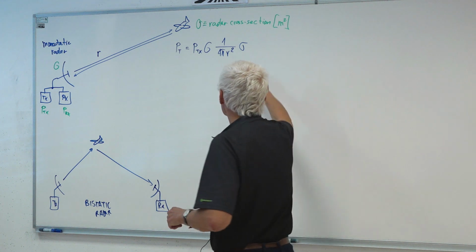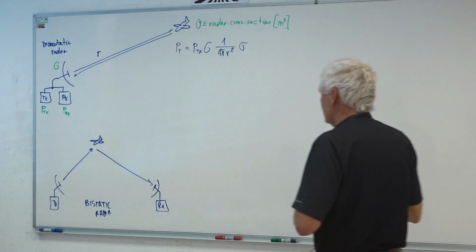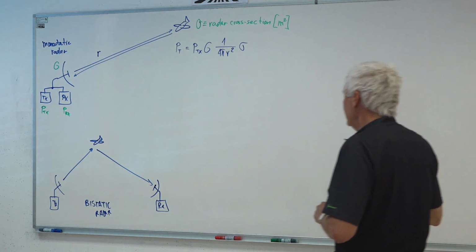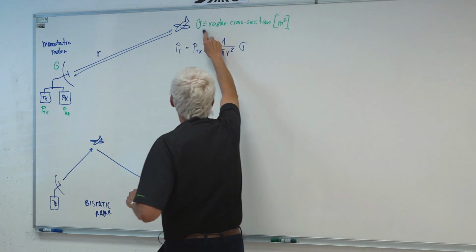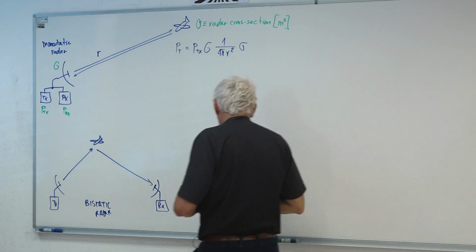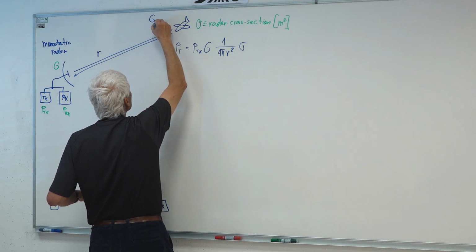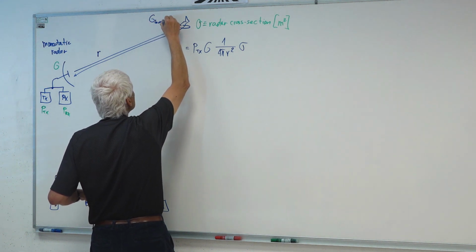So if I look, this is meter squared, this is meter squared, they cancel out, so the units are okay. If we provide the radar cross-section, it assumes that the gain of the target is equal to 1.